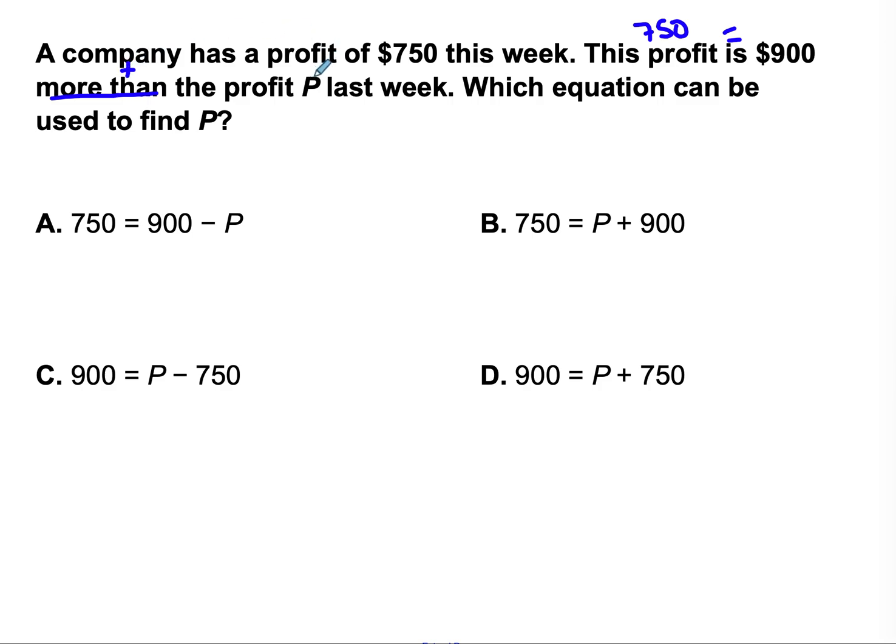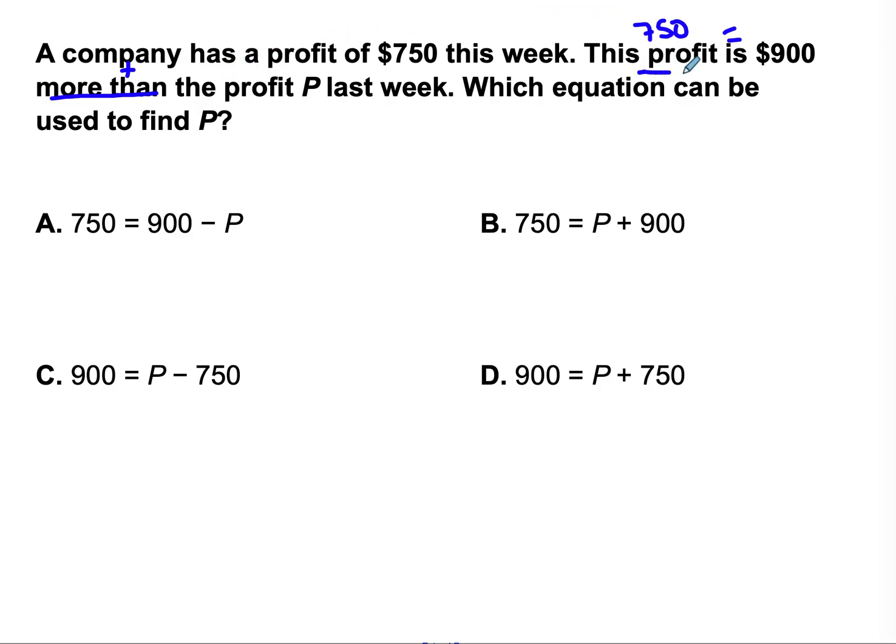More than, less than really mean that the thing that comes after the more than, or the thing that comes after the less than, that's going to be the value that goes first. In addition, it doesn't really matter. In subtraction, it does.